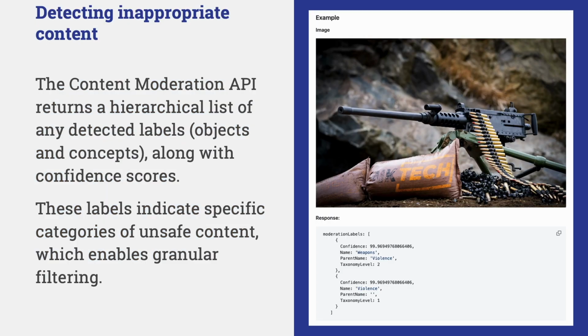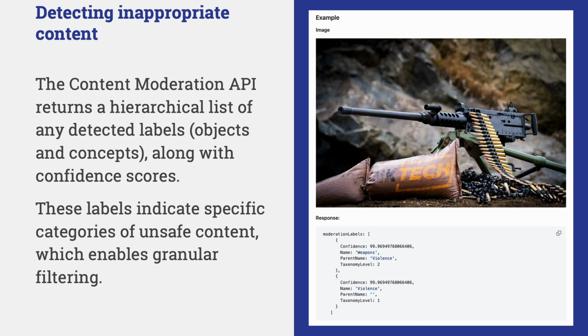To moderate the content of the image that your users upload, for example, you need to call the Rekognition API and get the detect moderation labels. You need to provide an input that can be an image byte array or an S3 object.